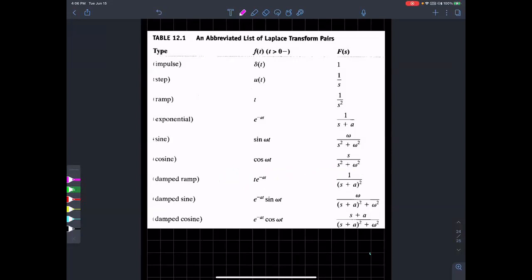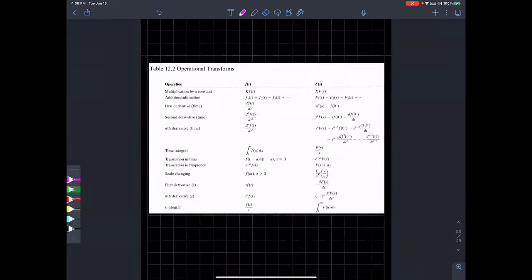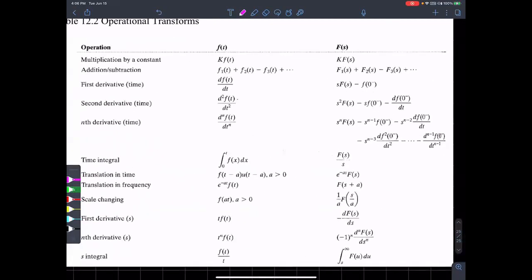Similarly, there's also an operational set. If you have a function, multiply that function by k, and take a Laplace transform of it, how is the Laplace transform going to look? The Laplace transform is also going to be multiplied by k. Similarly, how can you manipulate if you were to take the derivative of a function and take a Laplace transform of it?